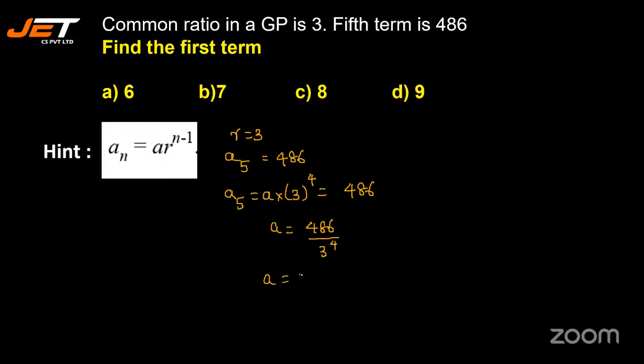So A is equal to 486 by 81. We get 6. So the value of A must be 6. So your option A is the correct answer. Okay, option A is the correct one.